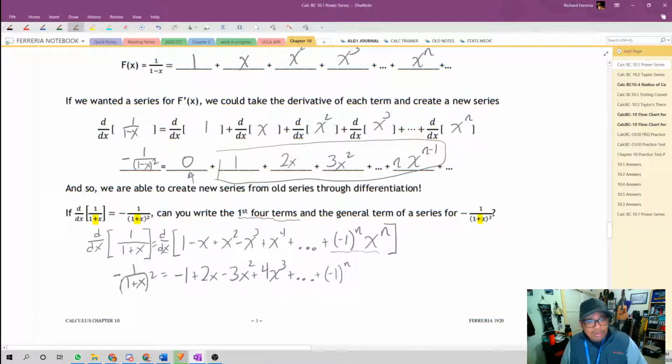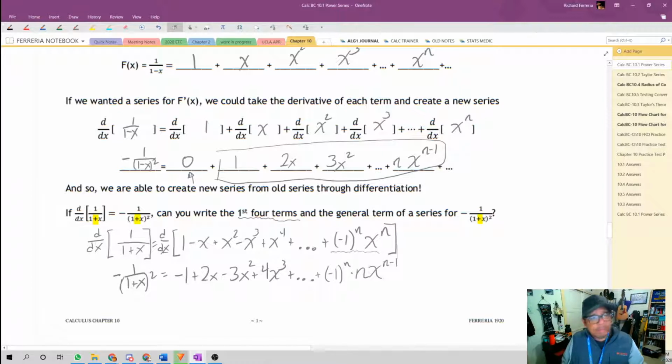So the derivative of x to any power is the power multiplied by x to the decreased power, n minus 1, and then multiplied by the derivative of x, which is just equal to 1, so we don't have to write the chain rule. So here is our series, a new series formed by taking the derivative of an old series.